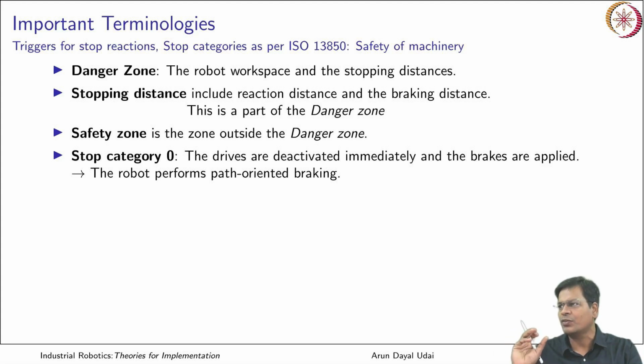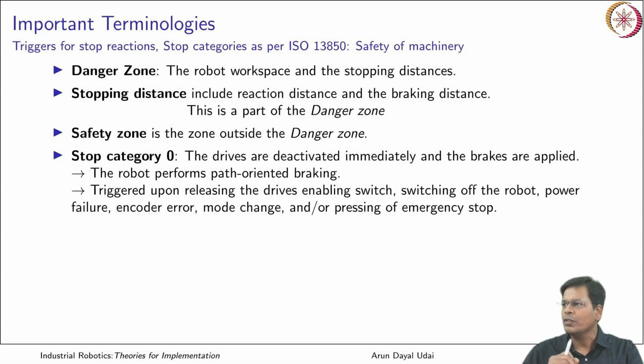This means the drives are deactivated immediately and the brakes are applied. Let us say if it is a welding robot, it was maintaining a path, it won't maintain that. It can just try to stop as early as possible. So that is stop category 0.